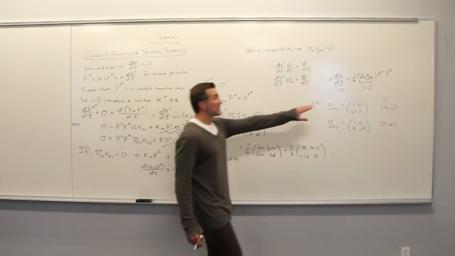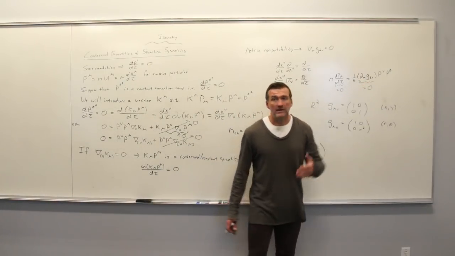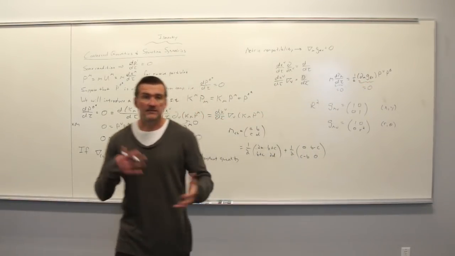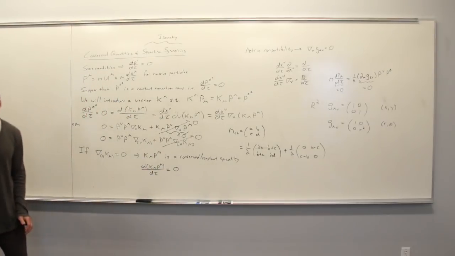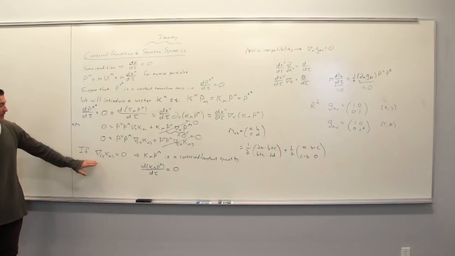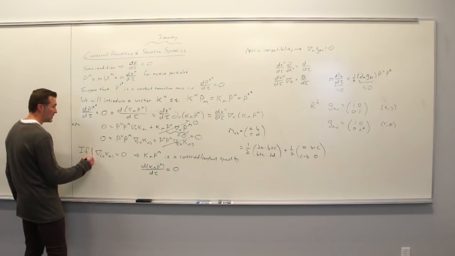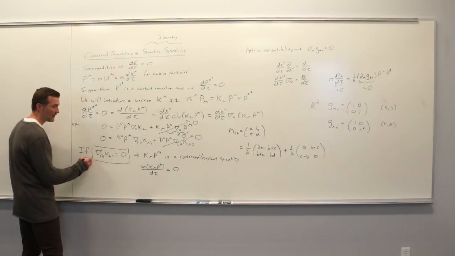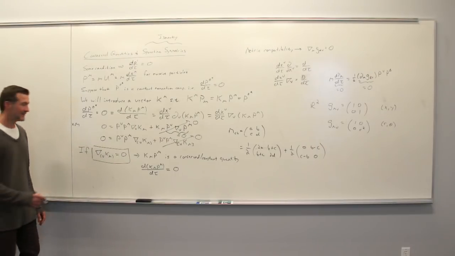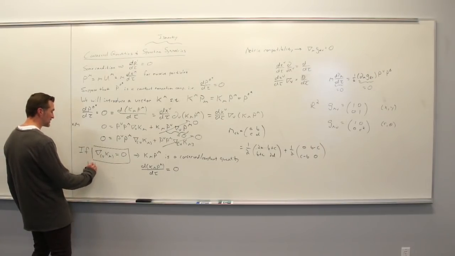This equation is obviously not true in any coordinate system because if I change coordinates, the metric can change its functional dependence on various coordinates. Okay? This has a name that is rad. It's called Killing's equation.